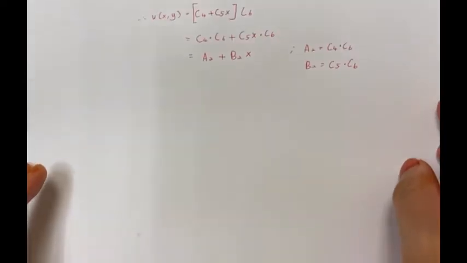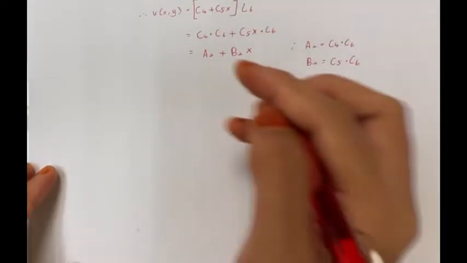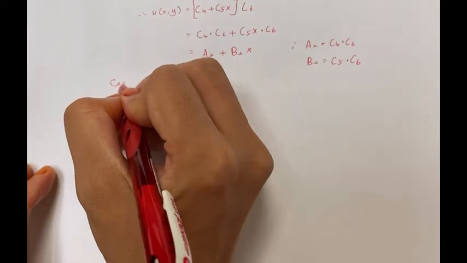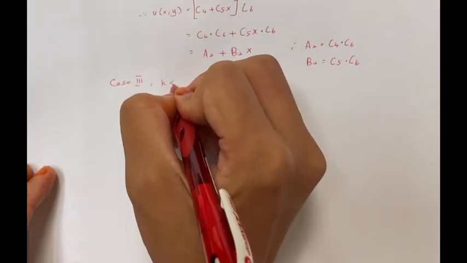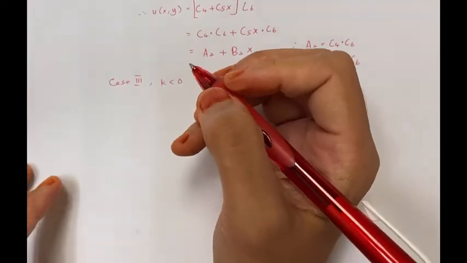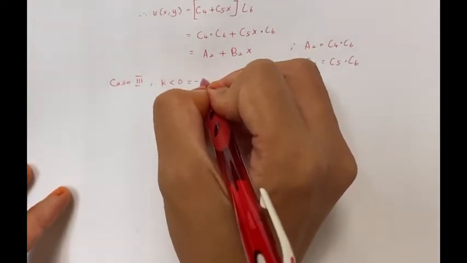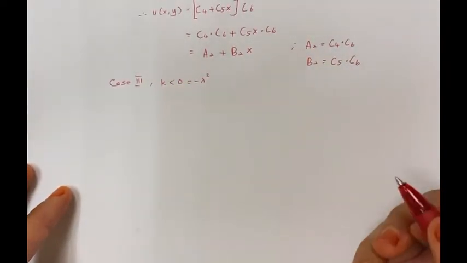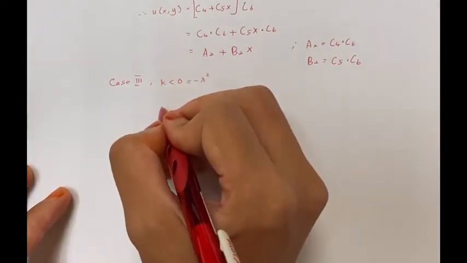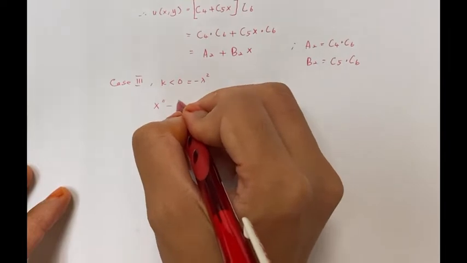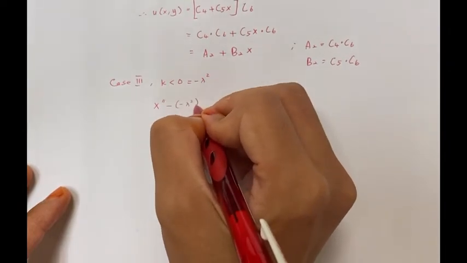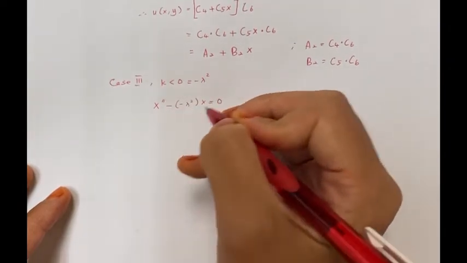And the last case you need to consider is case 3, when K is negative, K less than 0. So K equal to negative lambda square. Substitute K: x double prime minus negative lambda square x equal to 0.